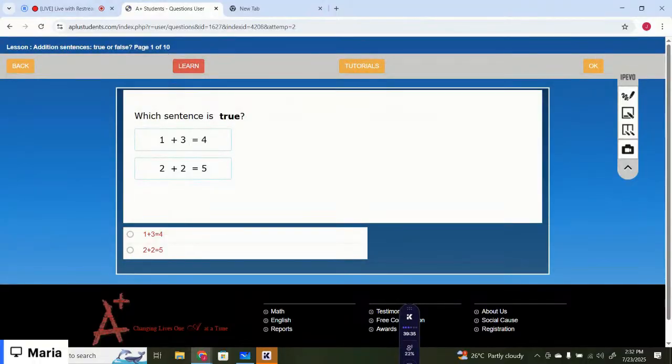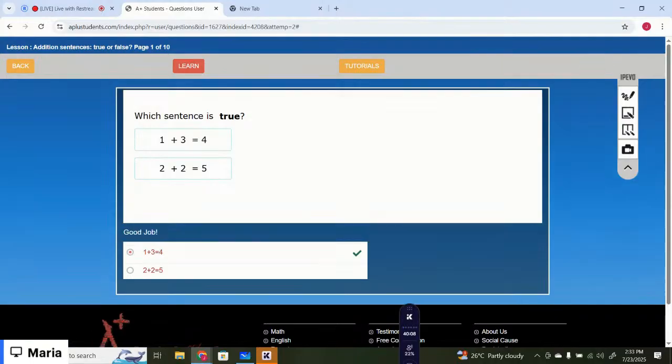Which sentence is true? 1 plus 3 equals 4, or 2 plus 2 equals 5? Option number 1 is the correct option. That is 1 plus 3 equals 4.